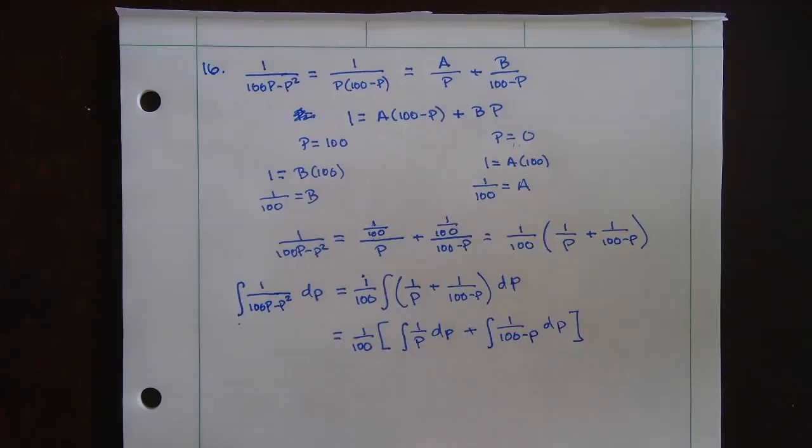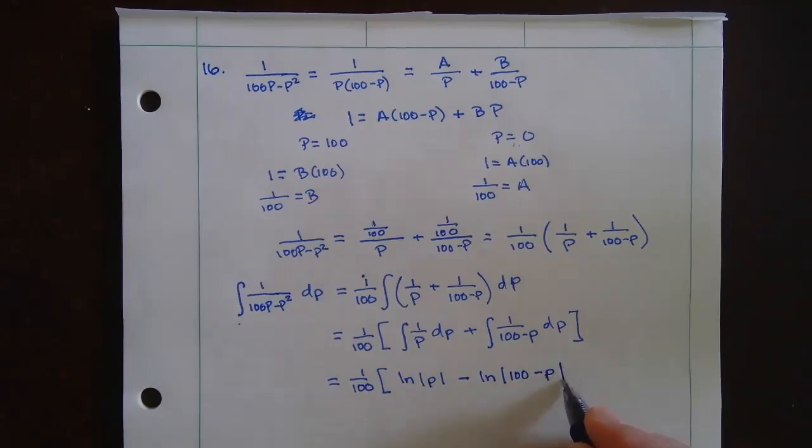All right, so this is going to equal 1 over 100 times the natural log of the absolute value of P, and this one's going to be minus the natural log of the absolute value of 100 minus P, and then plus C. I'm just doing this fast because there was a u substitution you could do, right?